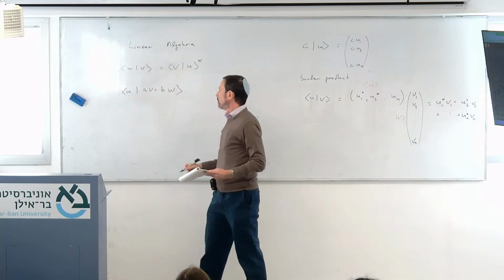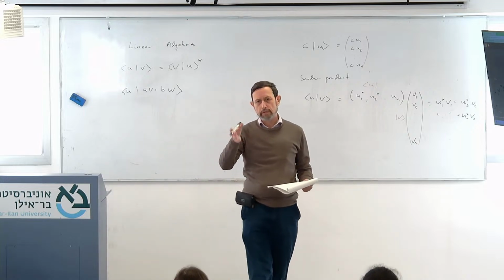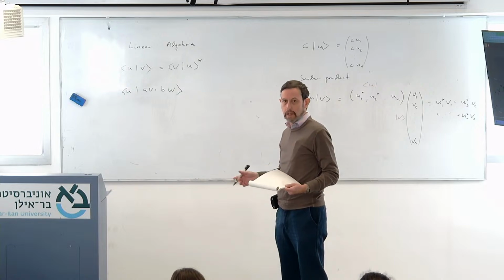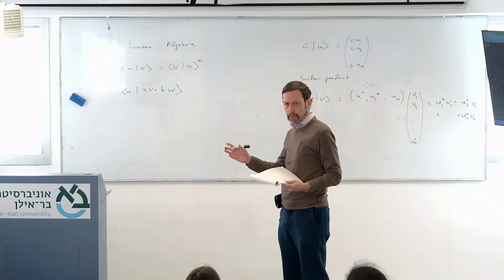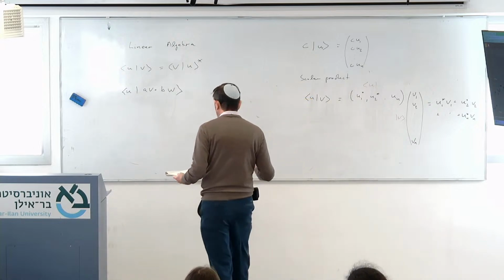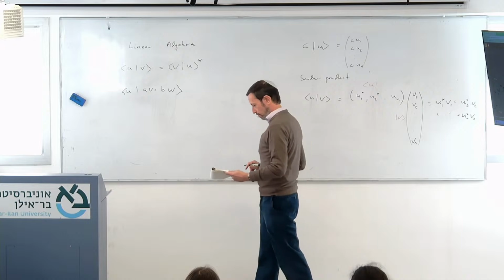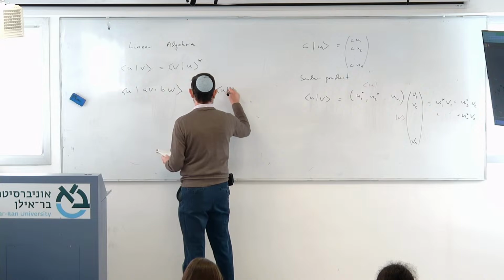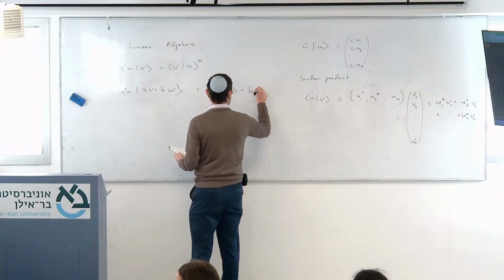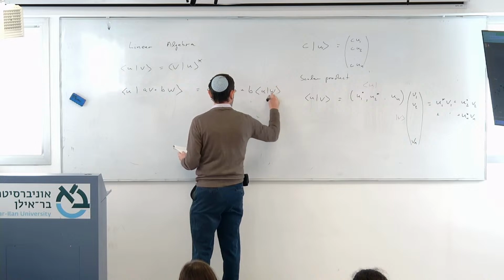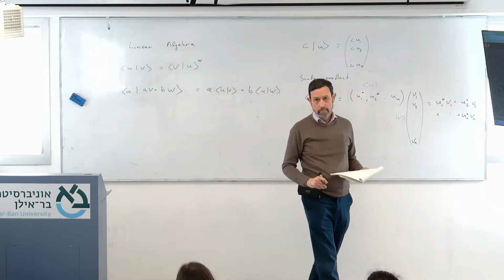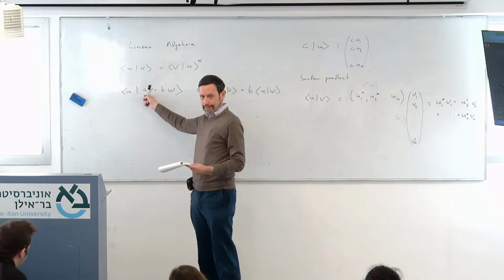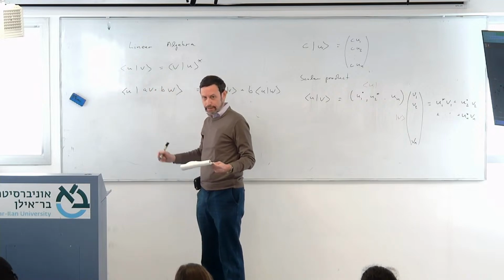Let's say v is a combination of two vectors, each one of them multiplied by some scalar a and b. Remember, the scalar could also be a complex number. By the definitions, if you don't believe it, write down the form of this and you'll get it immediately.